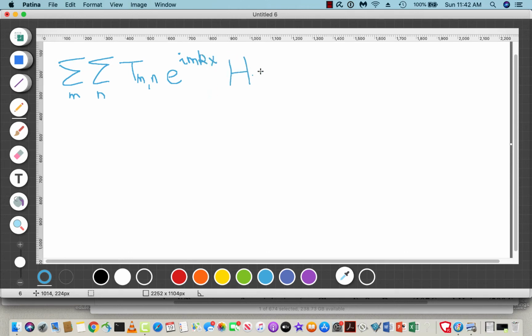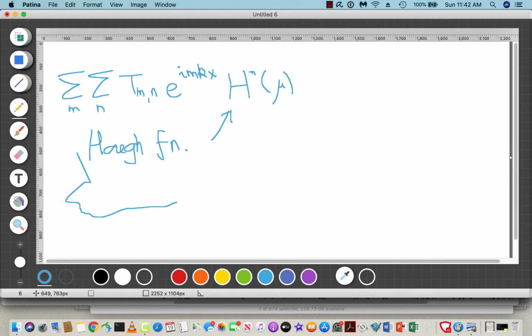And then when I was growing up, this would be denoted the Hough function, which is a function of latitude, okay? That thing. And the thing is that the Hough function is, I do not know why that happens. It's really bizarro.